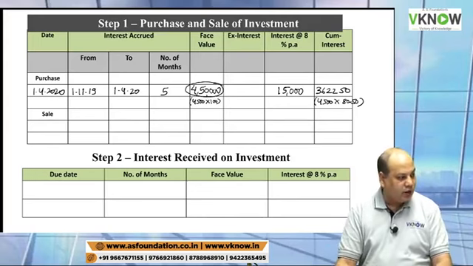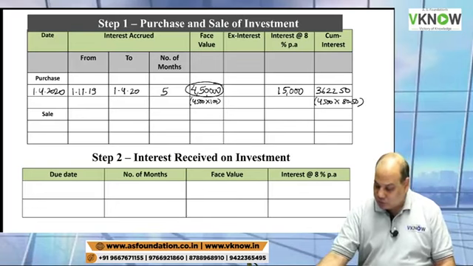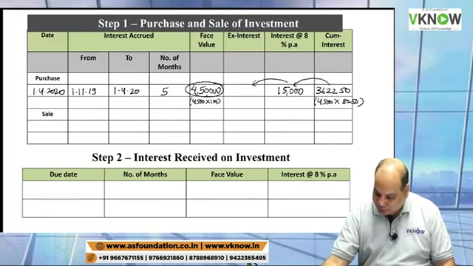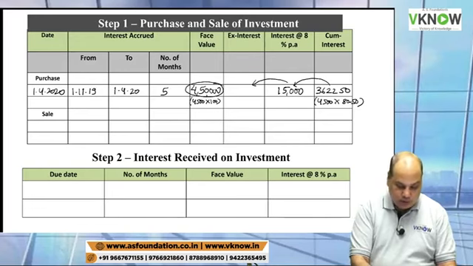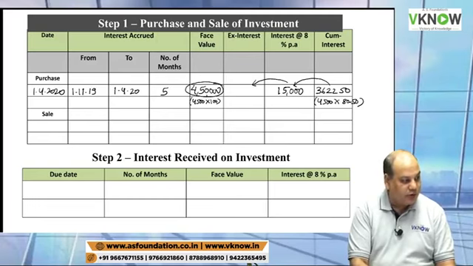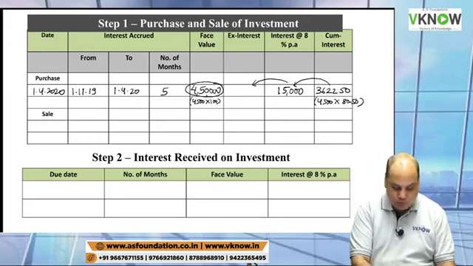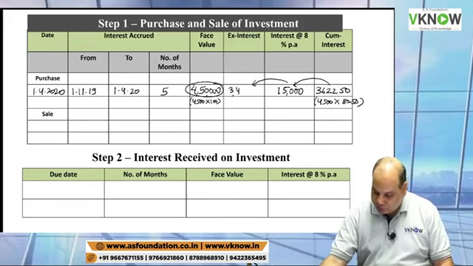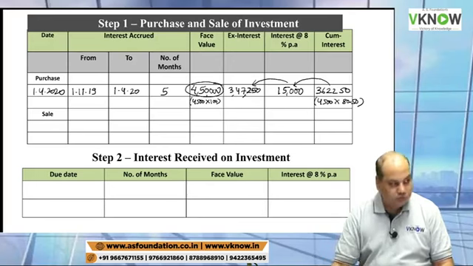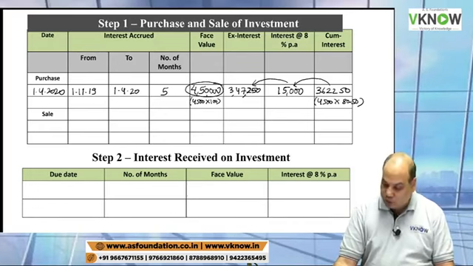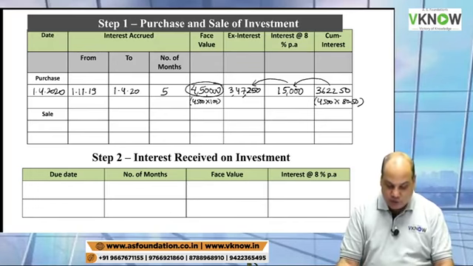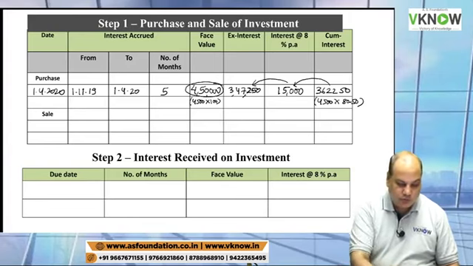Revise the reverse working to get the ex interest amount. Deduct 15,000 from 362250, which gives 347,250.